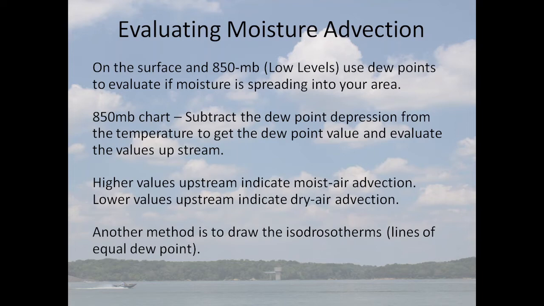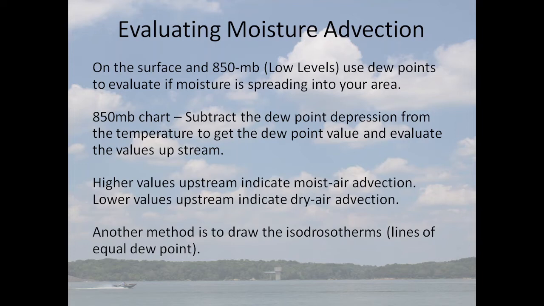Even though I'm calling this a low level, surface and 850, 850 is an upper level chart. It's right around 5,000 feet. So still the low levels, but it's off the surface, and then we go to the contours. We're not looking at isobars, we're looking at contours, the lines of equal height.